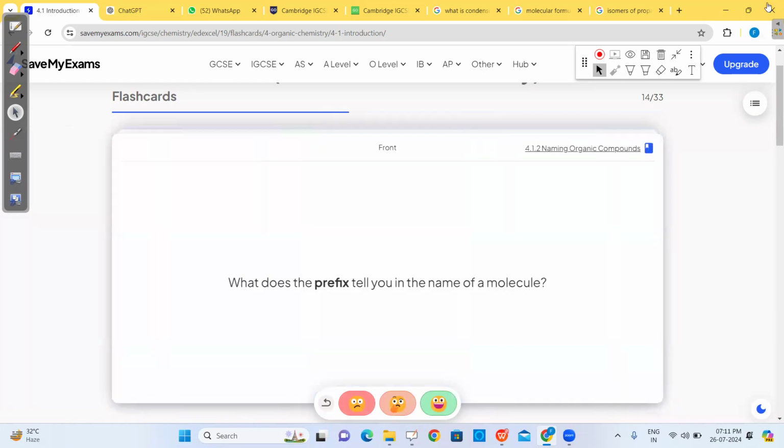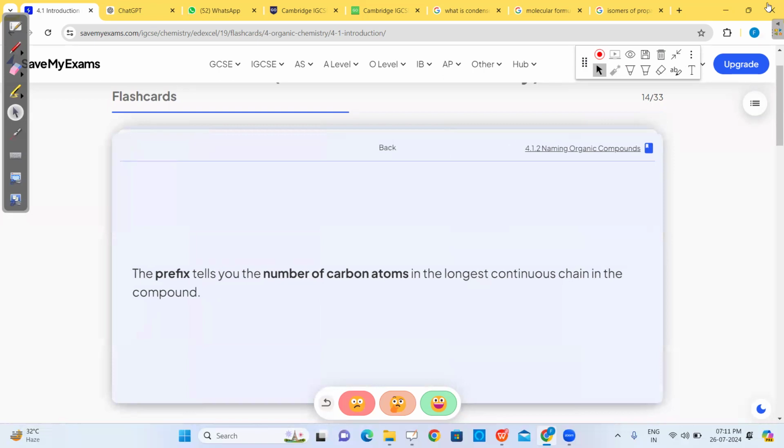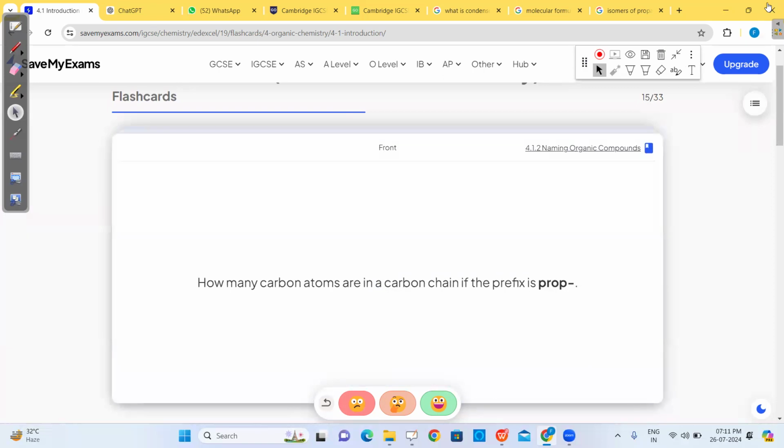Okay. So what does the prefix tell you in the name of a molecule? It tells you the number of carbon atoms. Okay. How many carbon atoms are in a carbon chain if the prefix is prop? That's easy.